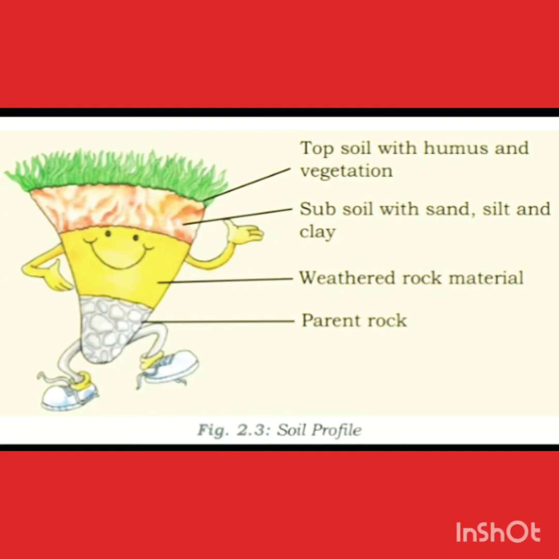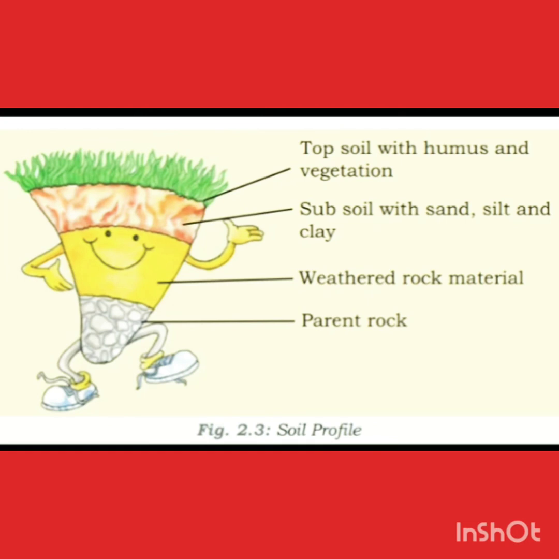So the formation of soil has started at this stage. Then you can see subsoil with sand, silt and clay. There almost the soil has formed, and the material will be more sandy, silty and clay.